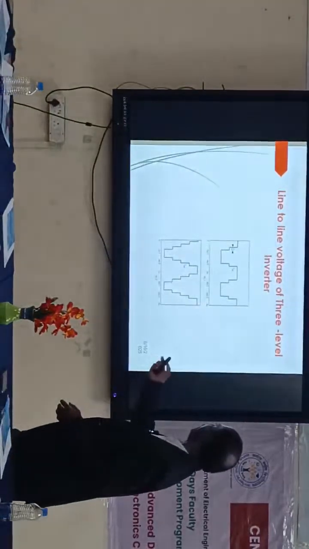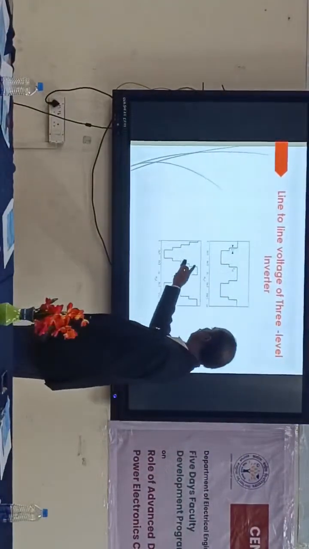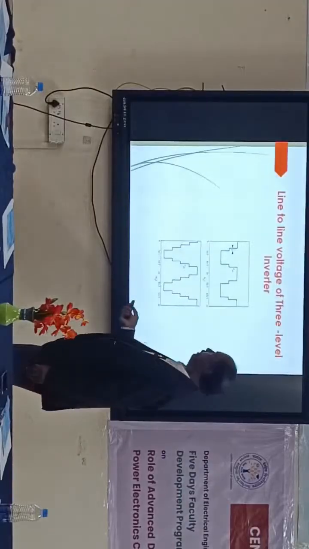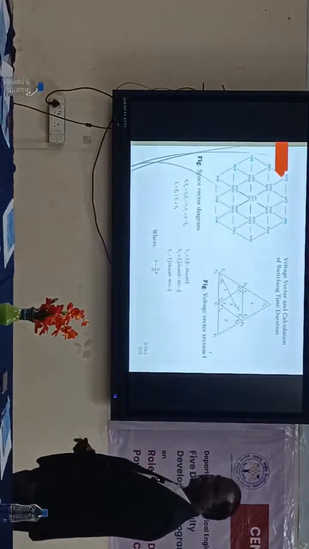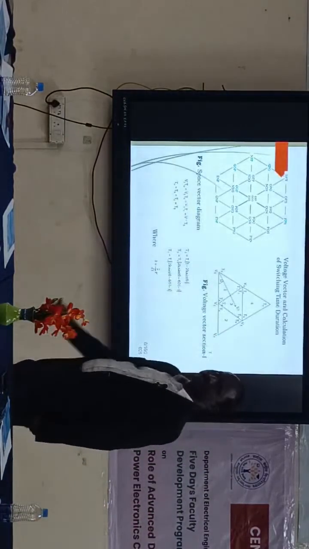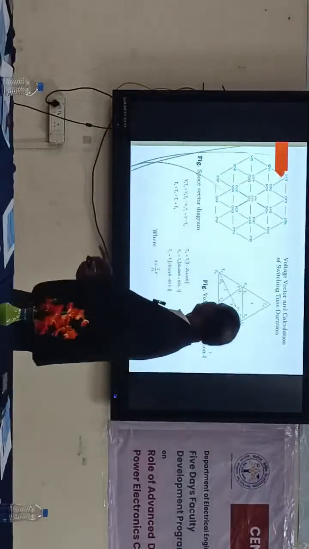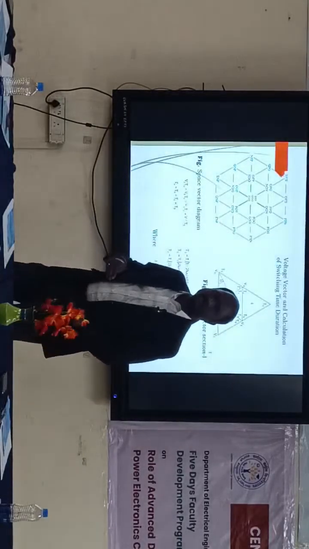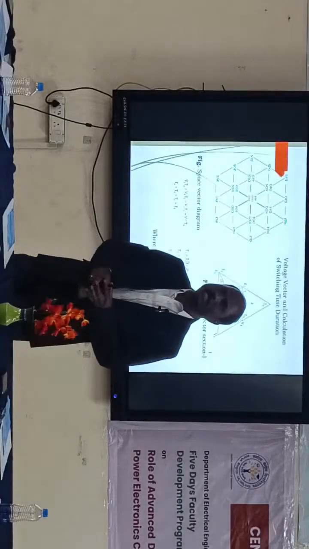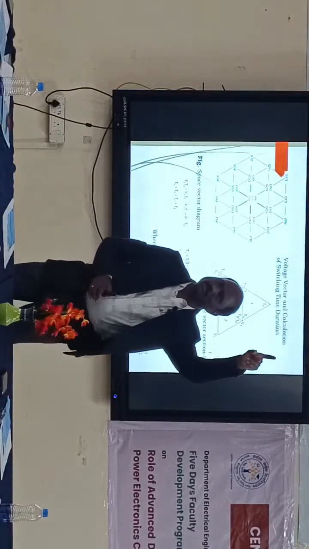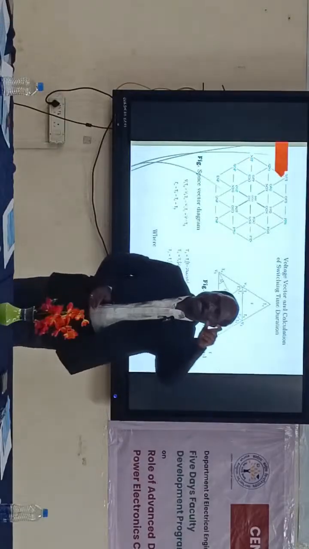Those switching states, if we keep on a space vector diagram, how will you see? This is line to line voltage. Like this, we are going to get a line to line voltage here in case of 3-level inverter. But how are these switching states, like this, we are going to get. Exactly close to it. What is POO? POO means top two, middle two, middle two.